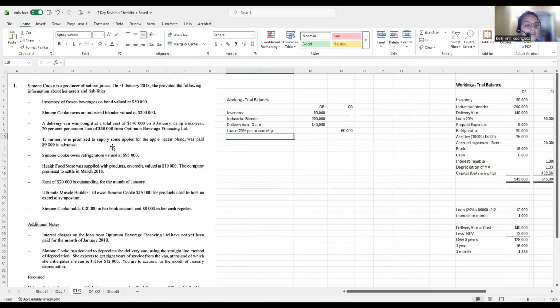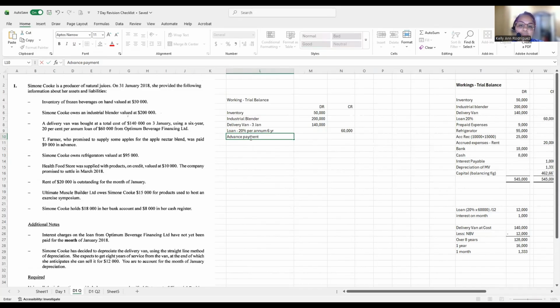A farmer who promised to supply some apples for the apple nectar blend was paid 9,000 in advance. So you make an advance payment for your apple nectar, right? Some people put it as prepaid expenses, but let's put it as an advance payment. Regardless of whether it's a prepaid expense or an advance payment, both are current assets.